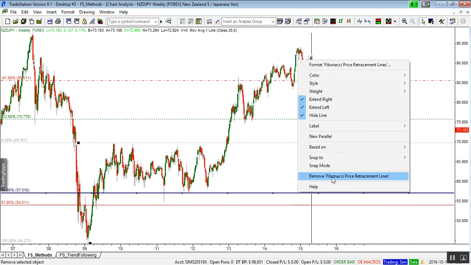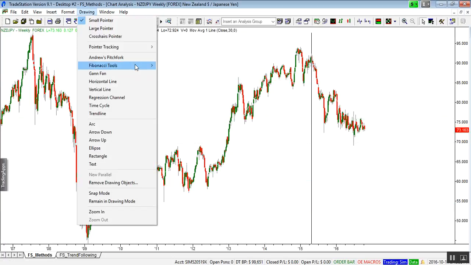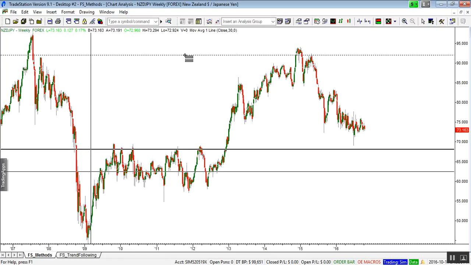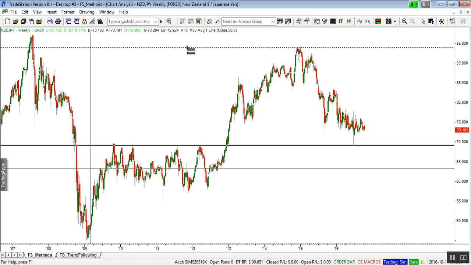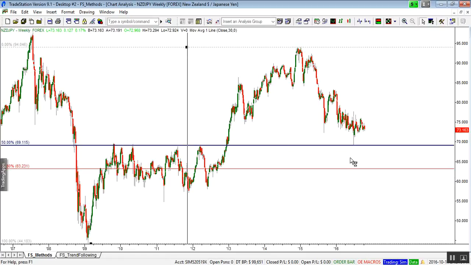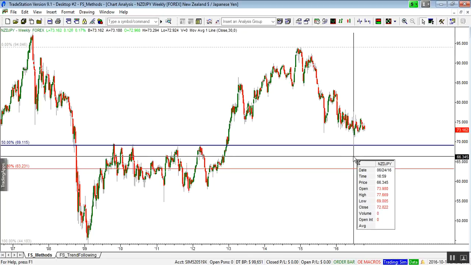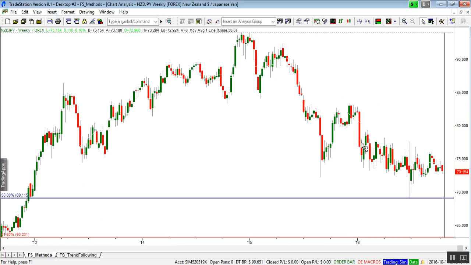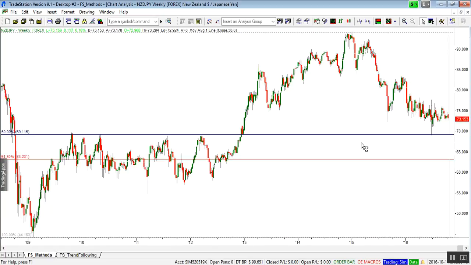So this market then, as we mentioned, for a number of months and a couple of years here, had to come to retest the 50% level here, 69.11. The low was 69, so this level was tested, and this is a potential long for this market.